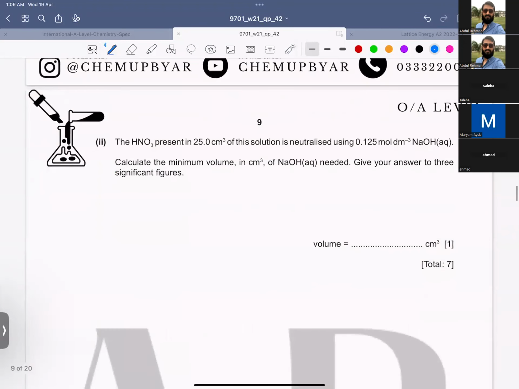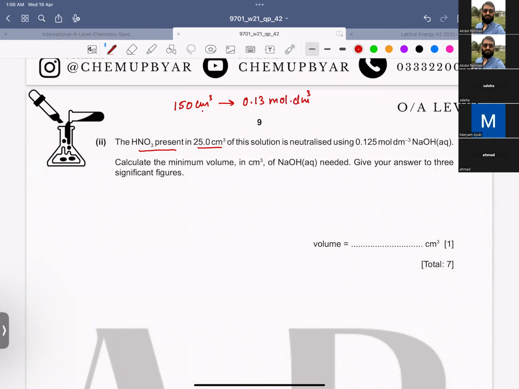Okay. Now the next part. The nitric acid present in 25 centimeter cube of this solution. So it means we have initially 150 centimeter cube of a solution having a concentration of 0.13 mole per dm cube. That's what we found in the previous part.